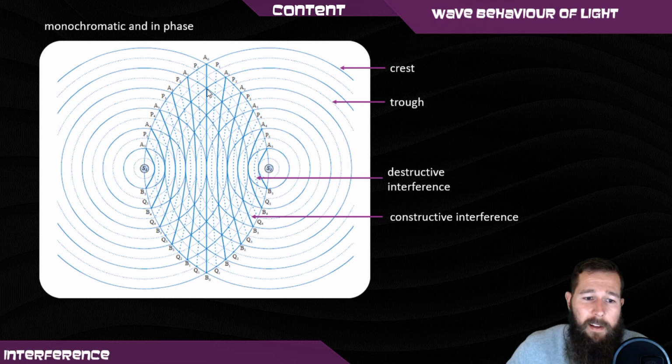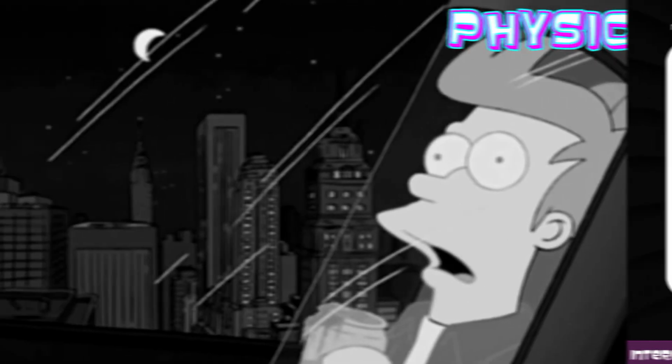You can see that a crest from S1 is meeting a crest from S2, and in that situation you've got constructive interference, and that's what gives this solid line. Alternatively, at this point here, a trough from S1 is meeting a crest from S2, and that's why we've got the dotted line of destructive interference.